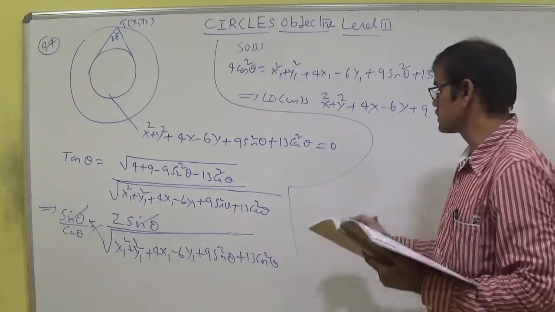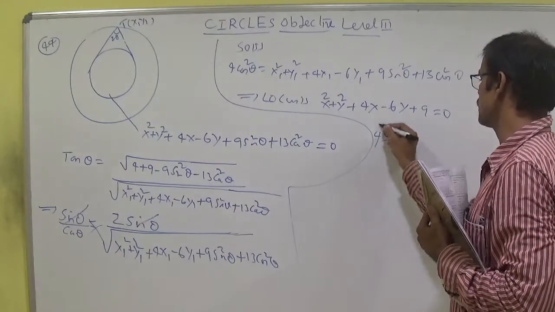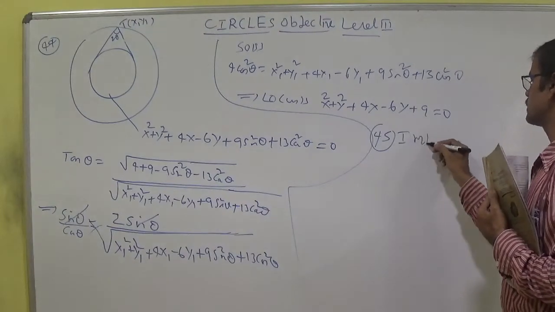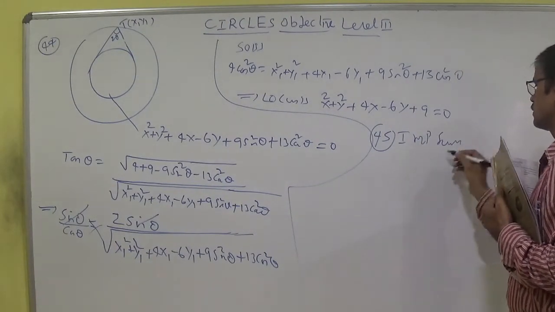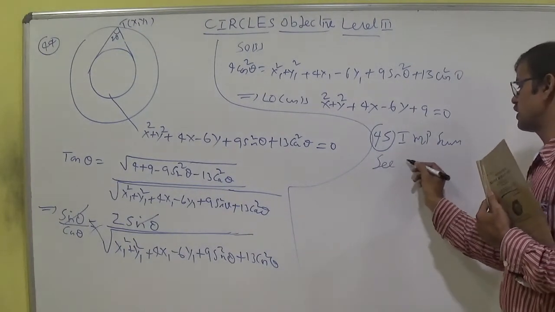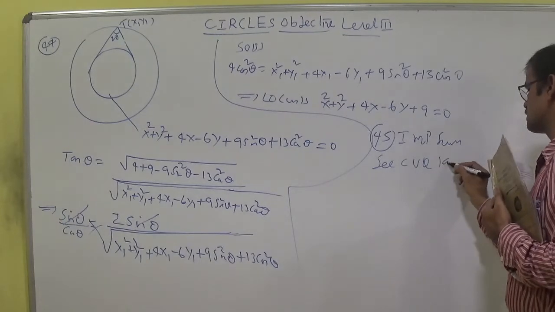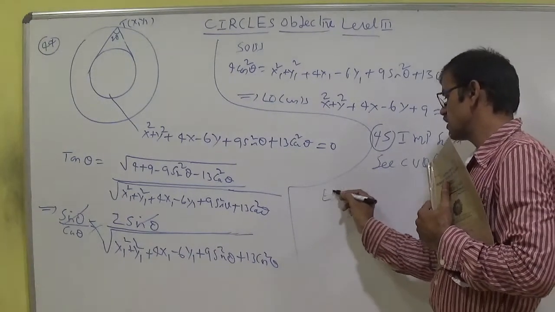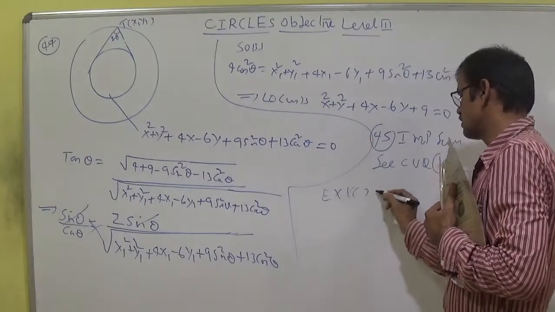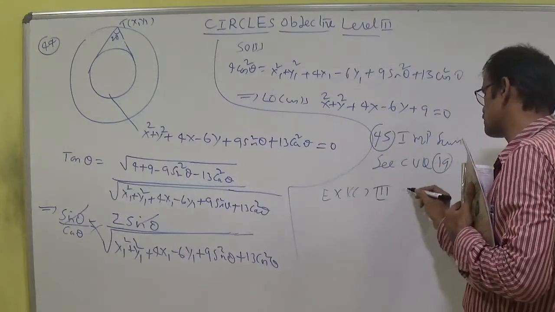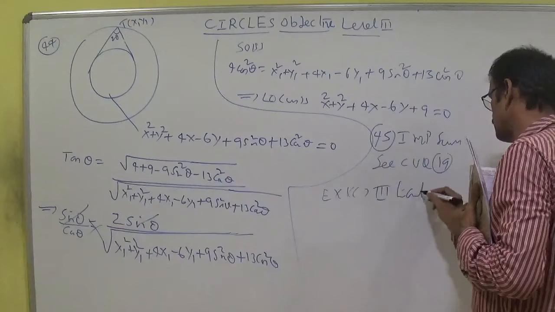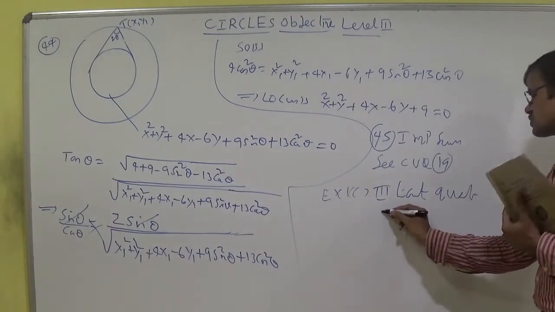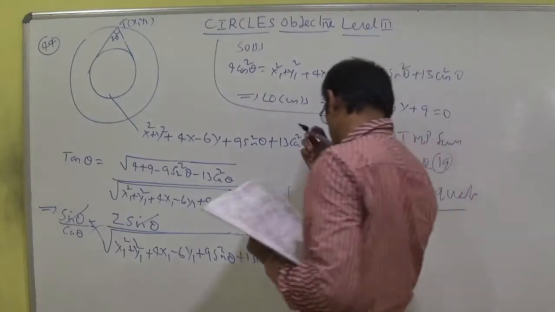Next, let us discuss the 45th question. I said that it is an important homogenization sum, the CUQ19 students. For the CUQ19, I said exercise 1D, last question, in IPE.